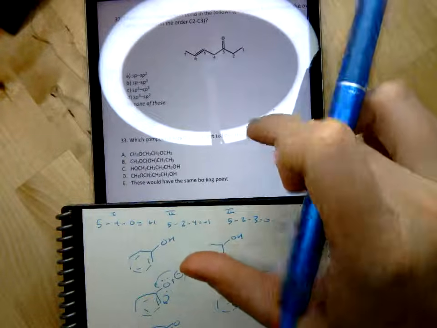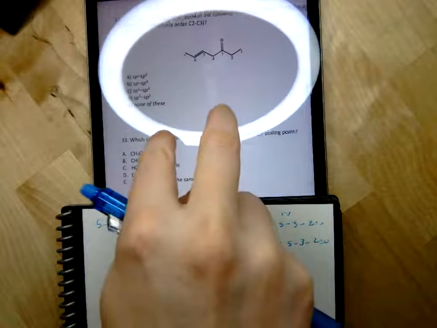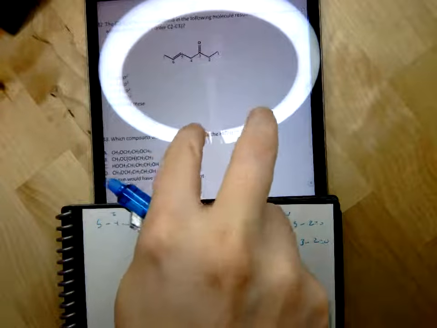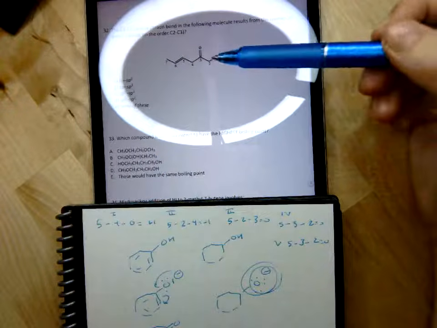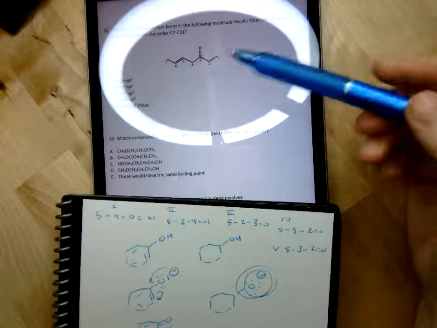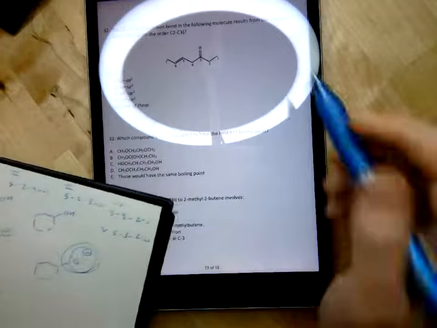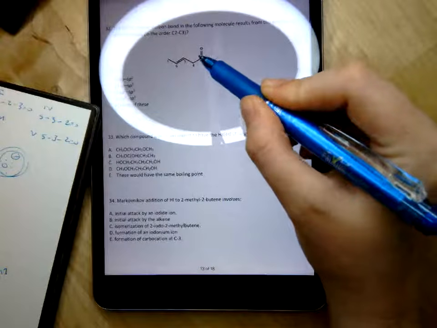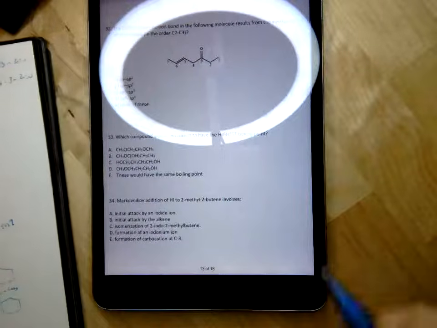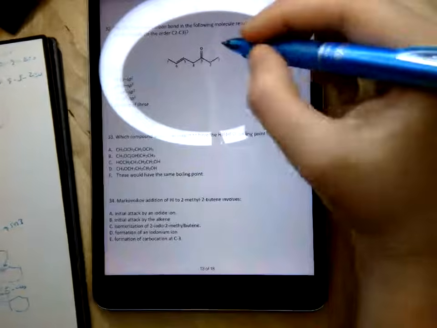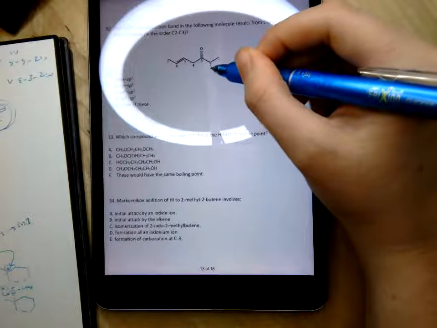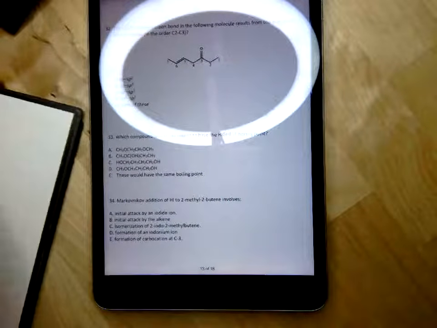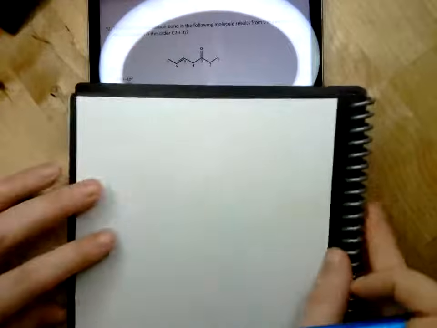Okay. The carbon-carbon bond in the following molecule results from the overlap of which orbitals, in the order C2, C3. Okay, so we're looking here and here, and basically what this is saying is, what is the hybridization of each of these carbons that's going to be overlapping to form the bond? And this has 2 implied hydrogens on carbon 2, so I'll draw this out for you.